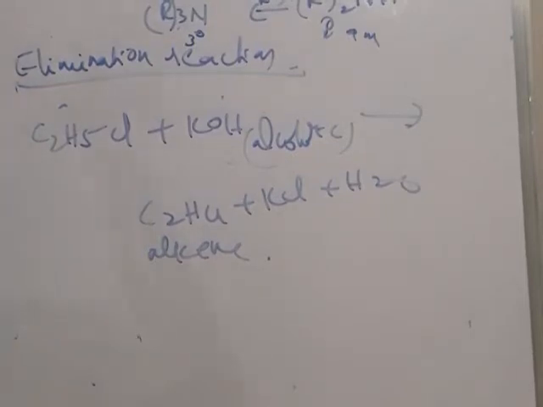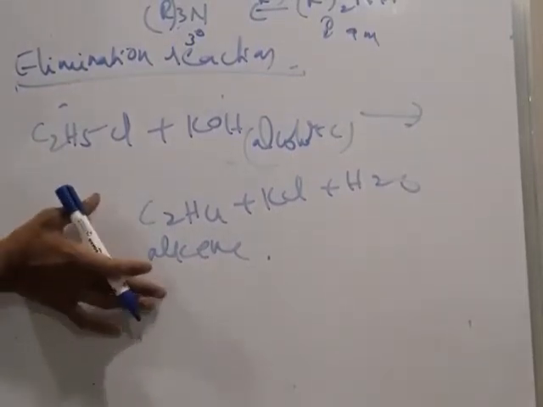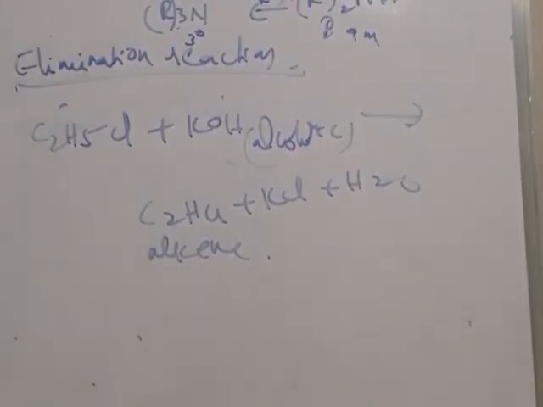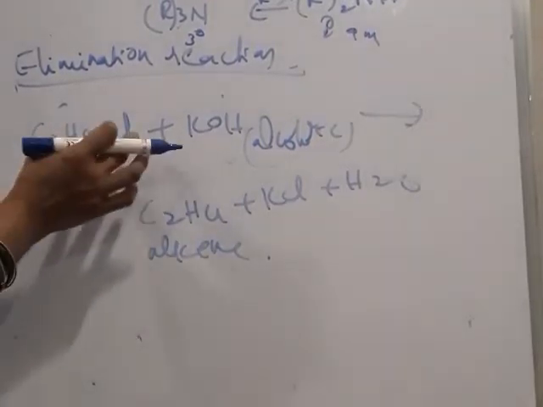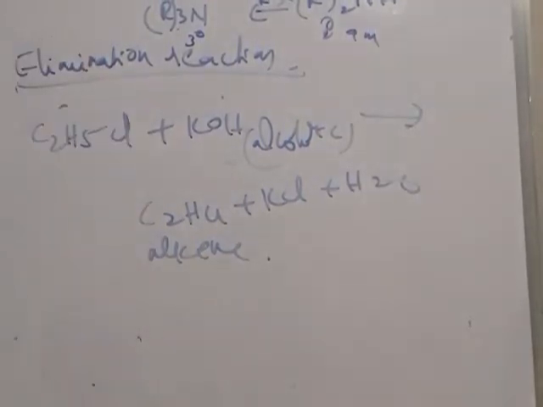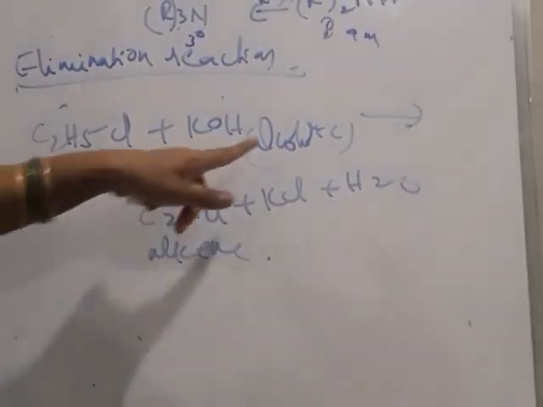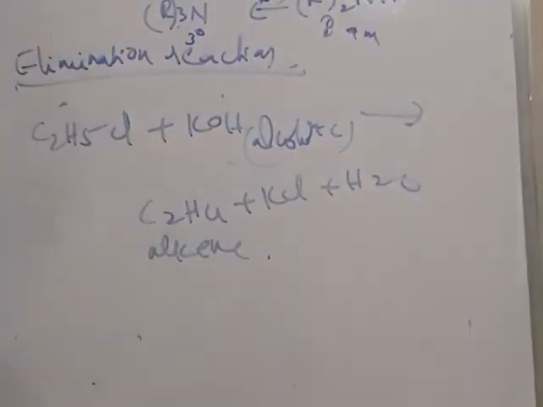Elimination reaction means removal of atoms from a compound. Here hydrogen and halogen both get eliminated when alkyl halide reacts with alcoholic potassium hydroxide.